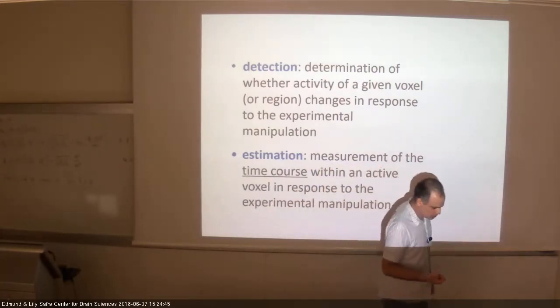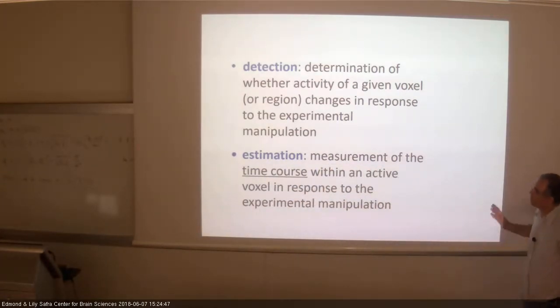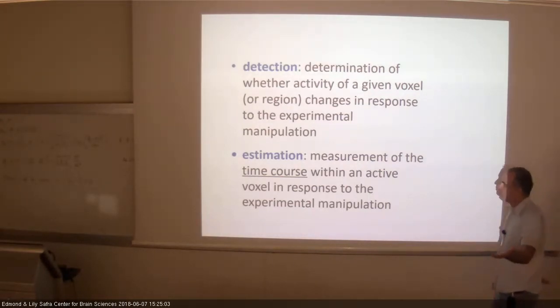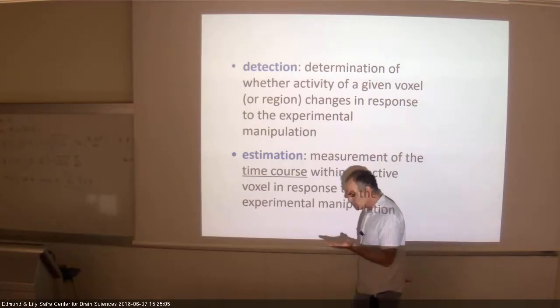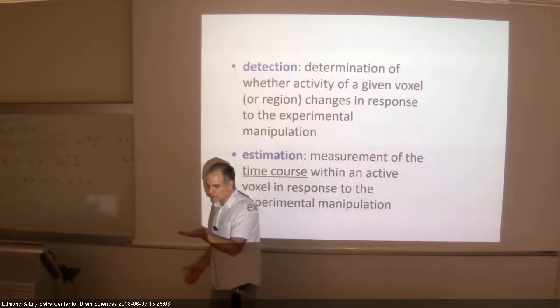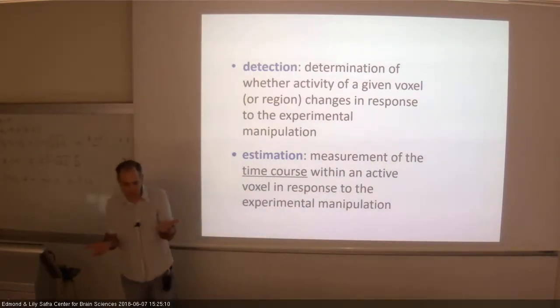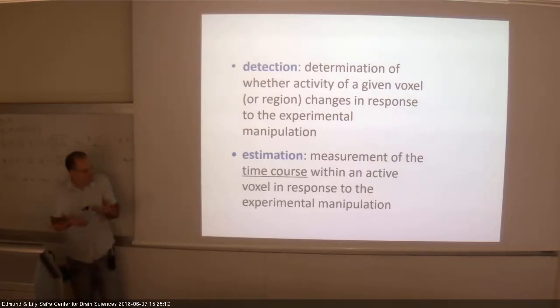So when you talk about signal in general, and now we talk about BOLD, basically you want to do two things: either detect changes or estimate, let's say, the time course, the dynamics of the signal, or maybe do both. Usually when you hear about MRI, it's detection, right? I want to see the level of activation in this condition and that condition, see if there's a significant difference, and start working from there.